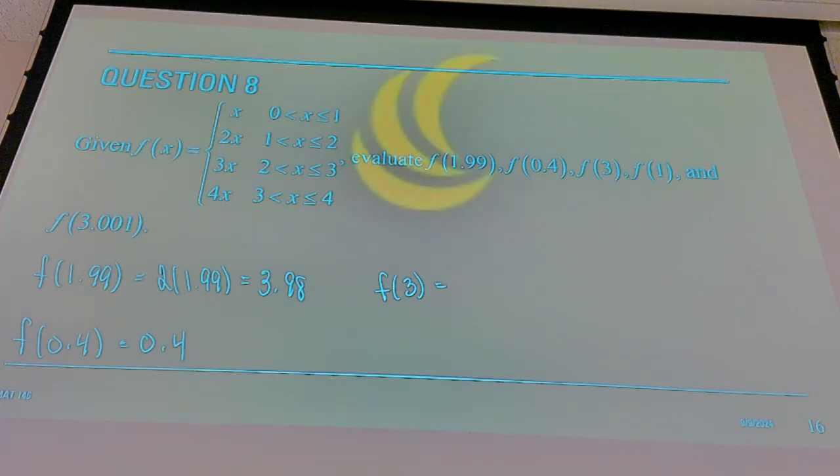F of 3. Third. F of 1. First one. Last one. What's that? 4 times 3.001. What was it? 12.004. Yeah, 12.004.